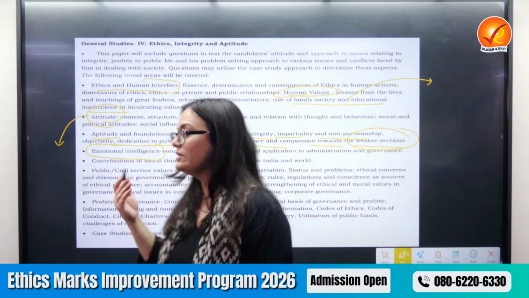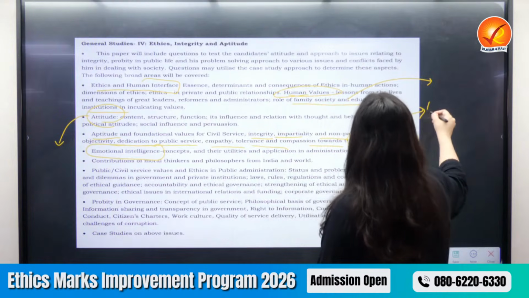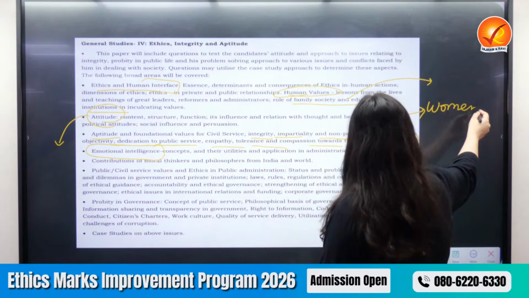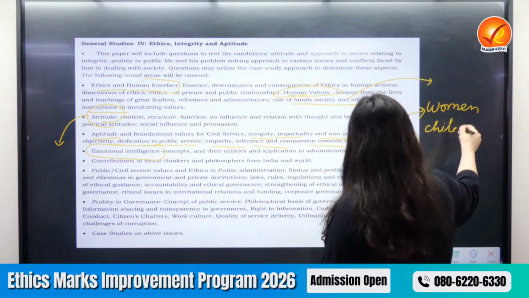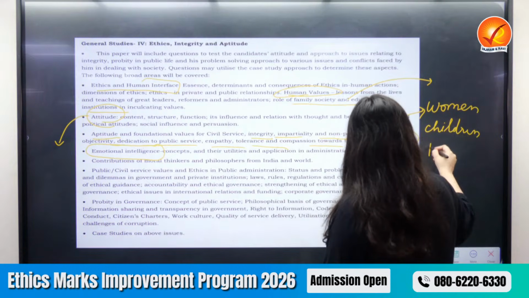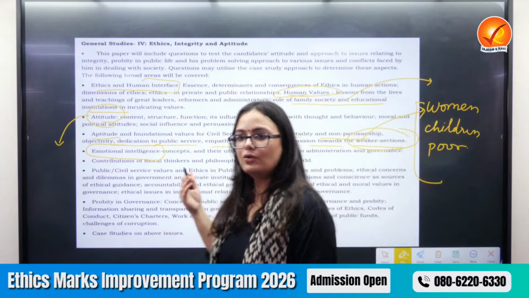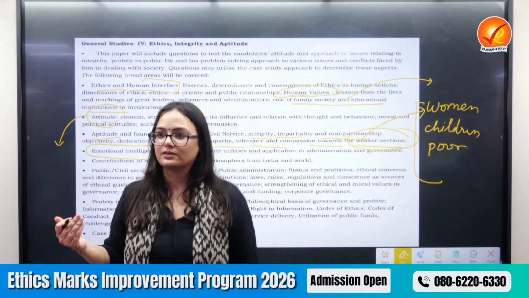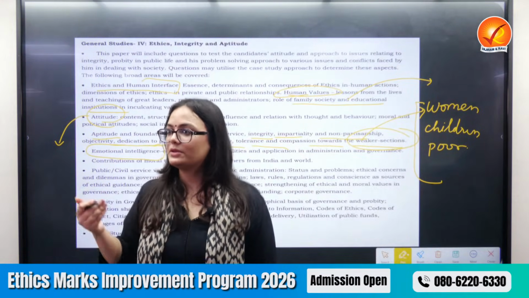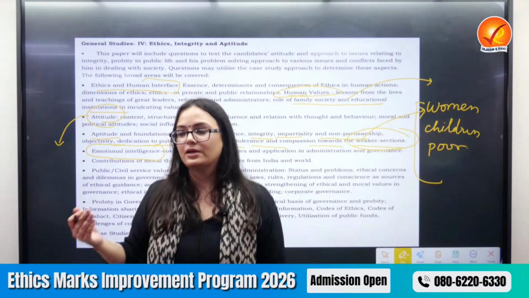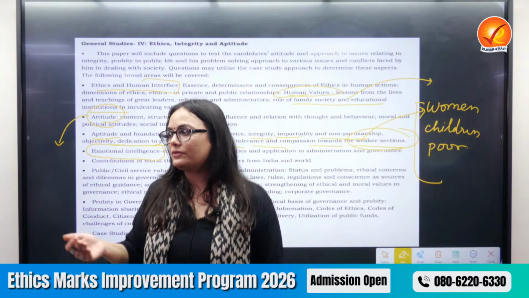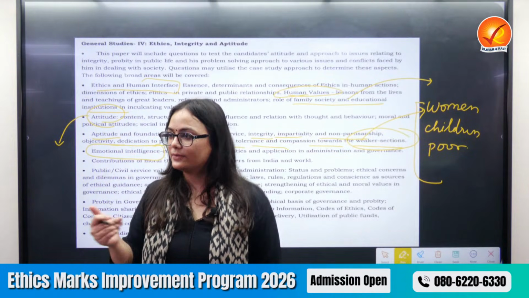Why not? What are the weaker sections? Vulnerable sections: women, children, the poor. Now, if you prepare a quote related to these themes, Yatha naryastu pujyante ramante tatra devta, Sanskrit shloka. Wherever women are worshipped, there the gods reside.